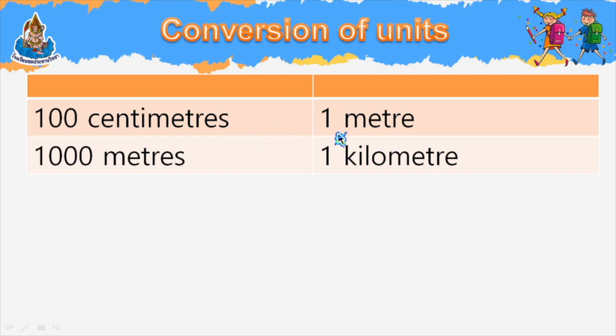How about if we have 1000 meters? That is equivalent to 1 kilometer. So they are the same, right? 100 centimeters is equal to 1 meter, and 1000 meters is equal to 1 kilometer.